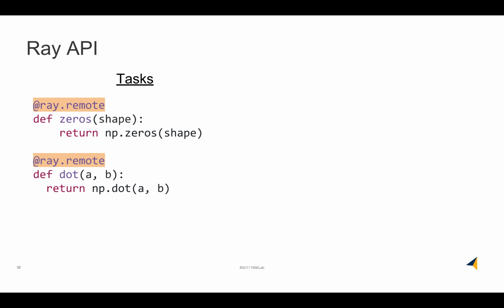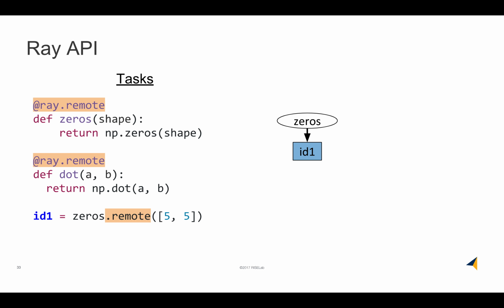Whereas in regular Python, calling zeros would actually execute the function and wouldn't return until the function finished executing, here, when we call zeros.remote, that immediately returns an object ID or a future that represents the eventual output and creates a task, essentially a unit of work, which is handed off to the back end and run asynchronously in the background.